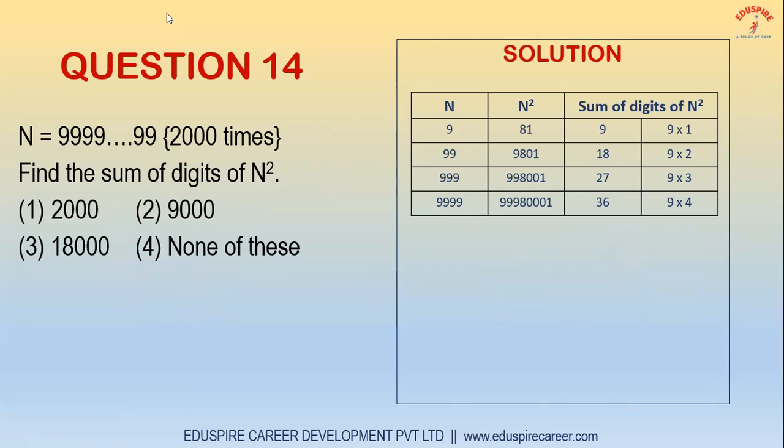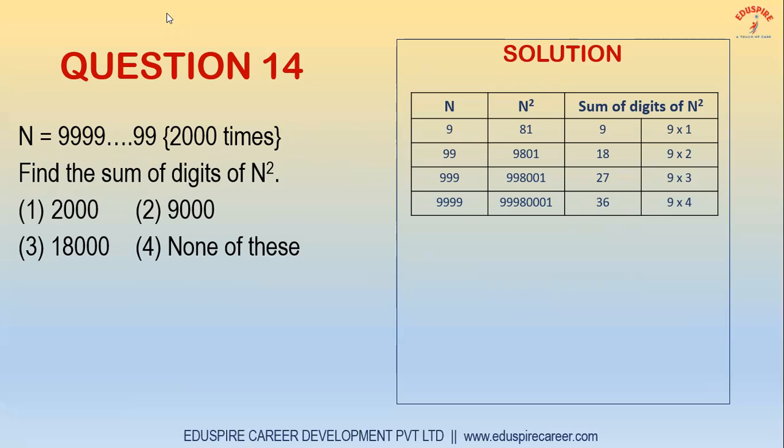Now when it becomes 99, the square is 9801. And then the sum of the digits is 9 plus 8 plus 0 plus 1, which is 18, which is 9 into 2. Now 999 square is 998001.